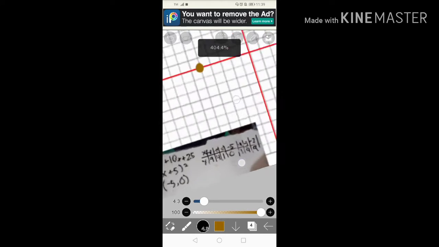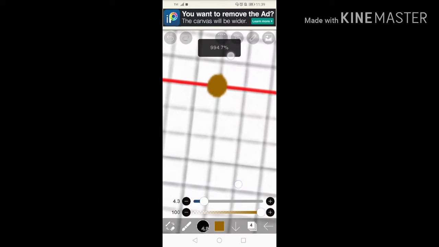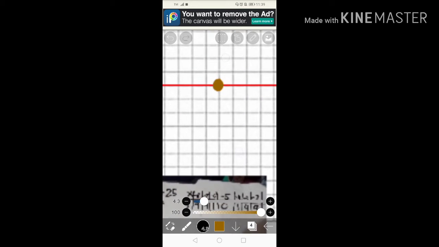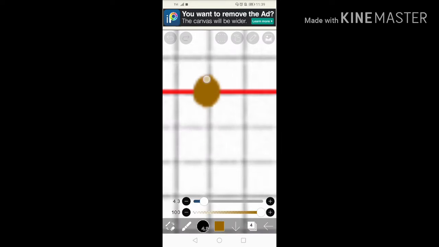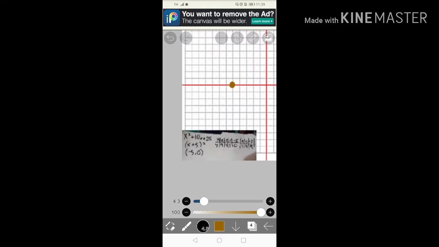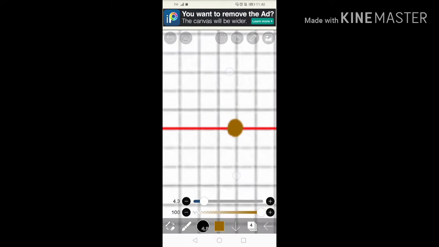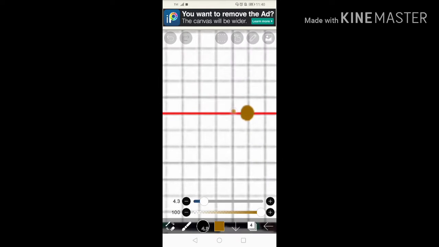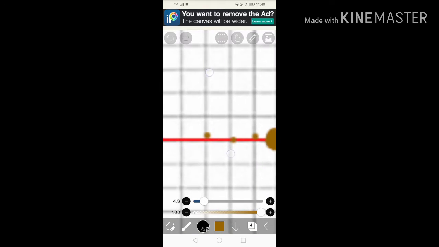Alright everyone, so I already prepared our vertex, which is negative 5, 0, which is here. And then we're going to put negative 8, 9. So this is 5, 6, 7, 8. Alright. Then we go 9.